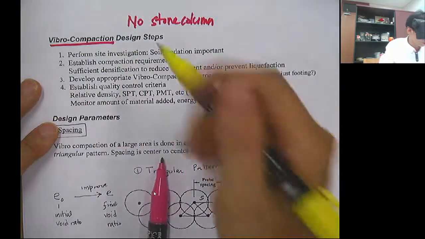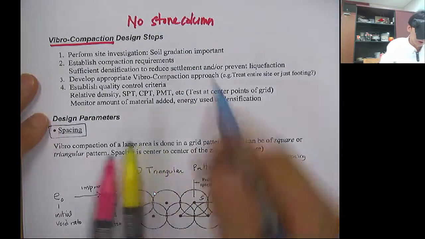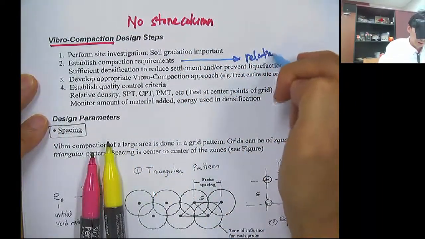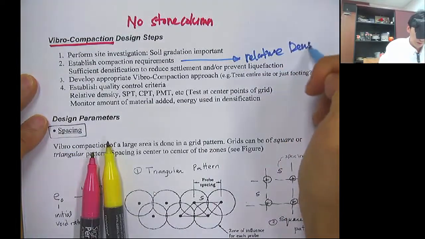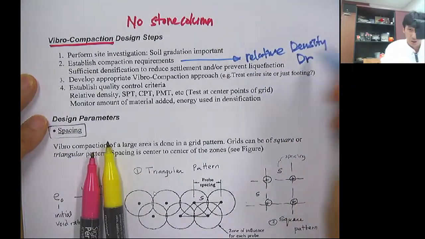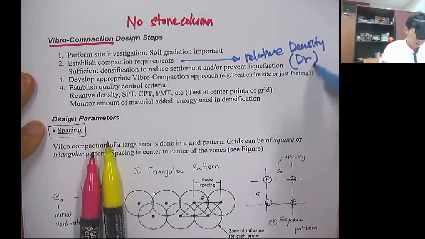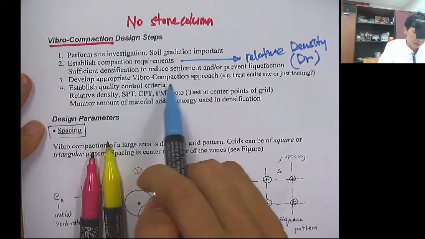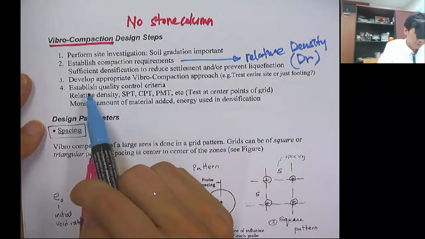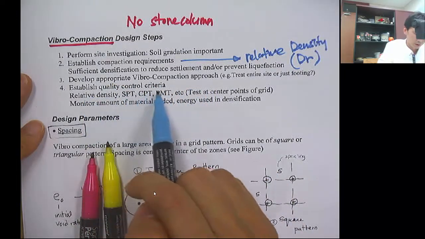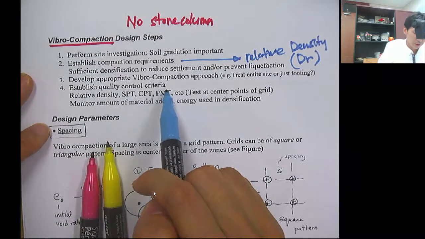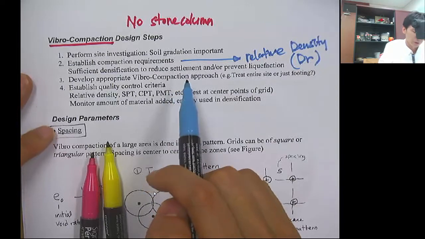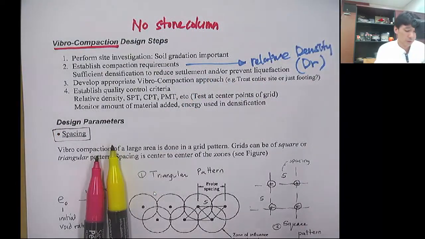Here you determine the relative density or relative compaction. Then develop the appropriate vibral compaction approach and establish the quality control criteria. In this stage, you inspect the site after the compaction, whether the site is well compacted or poorly compacted.